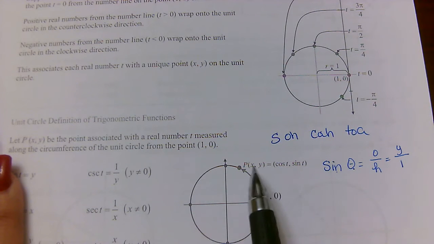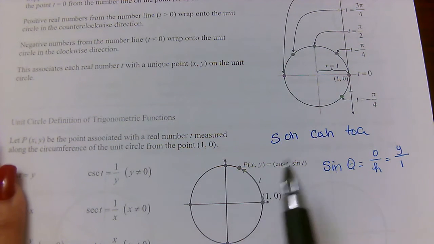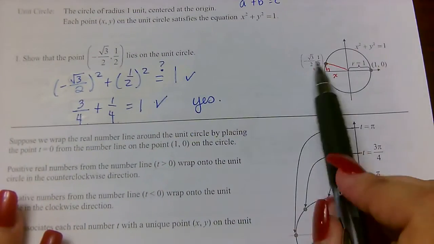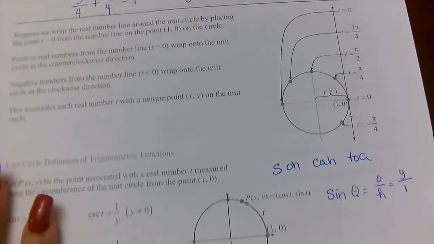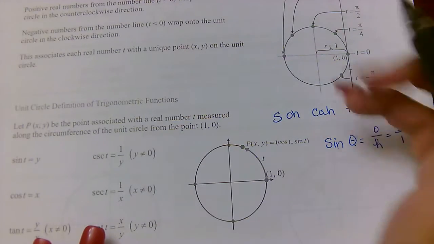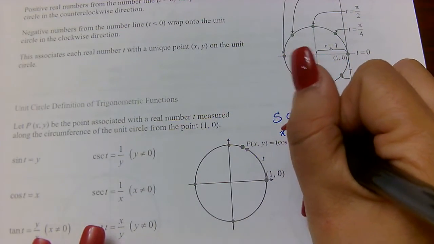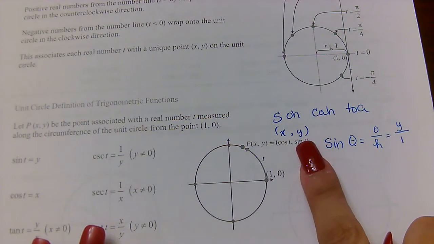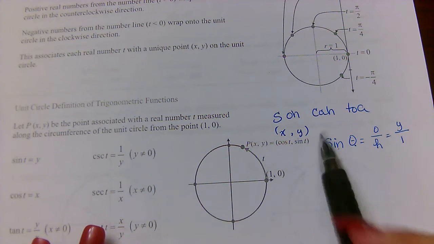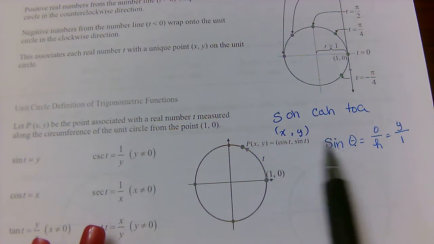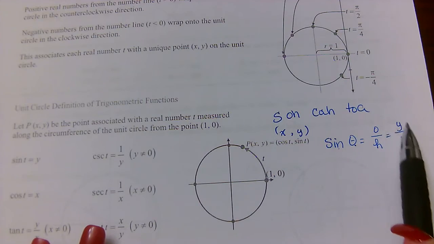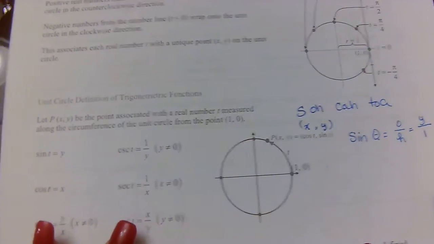That's why instead of looking at it as x, y, we can look at it as saying this is our x, this is our y. So sine of t, or sine of theta, you can use either one, is equal to y. This only applies to the unit circle.